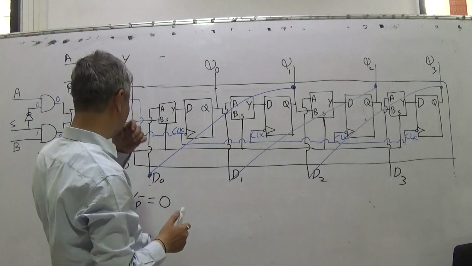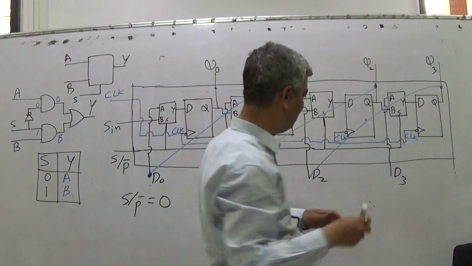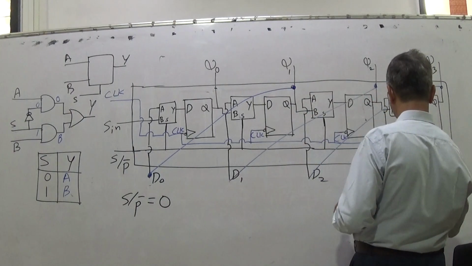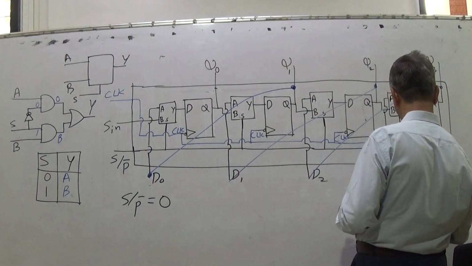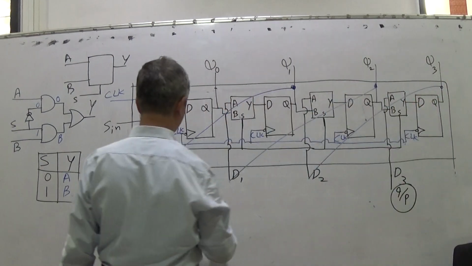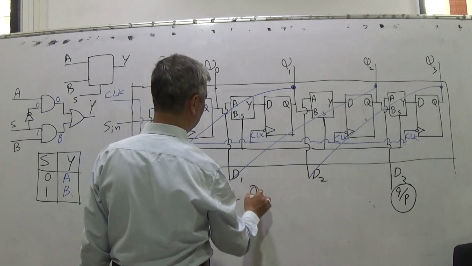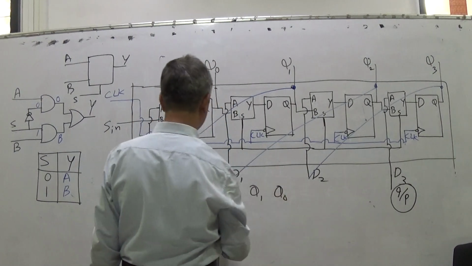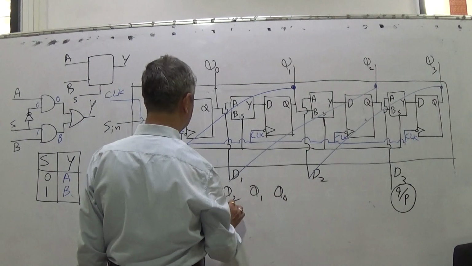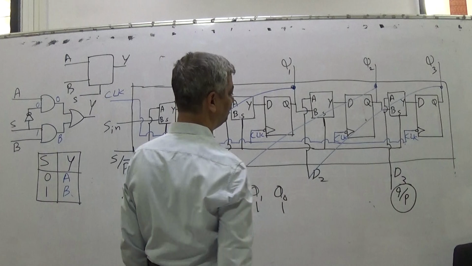So now what happens? And a new input I can give, this I will get as an input pin. So S/P bar equal to 0, and Q3, Q2, Q1, Q0 are, say, 1, 0, 1, 1.